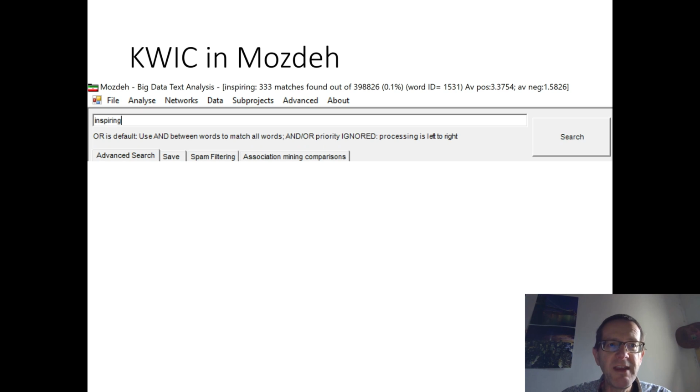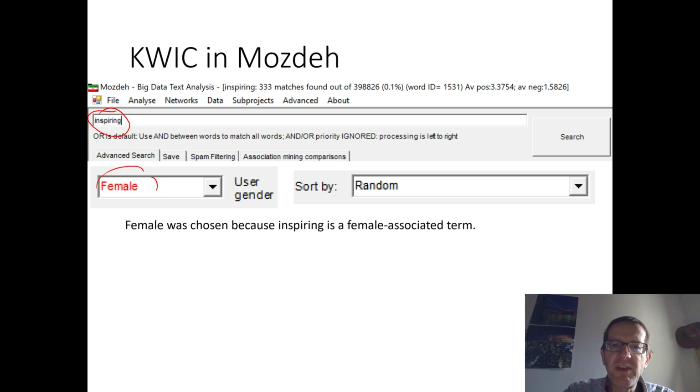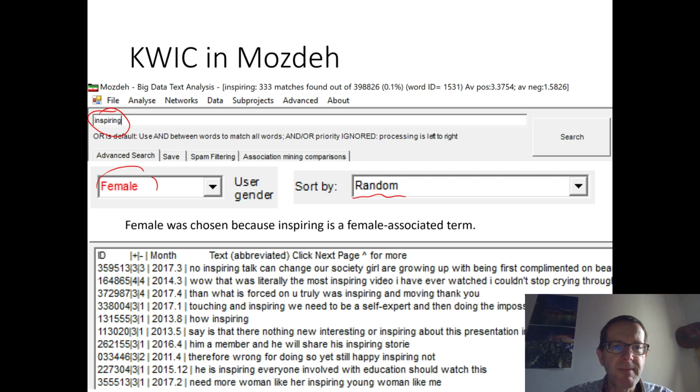So KWIC in Mozdeh, we'd enter inspiring as the keyword if we were trying to find the context of inspiring. And if we're trying to find out why females use the word inspiring more than males, we'd set the female gender filter in Mozdeh, and then we select the random sort by, so we don't get a biased subset of the text that we're going to read, but we get a genuinely random sample chosen with a random number generator.